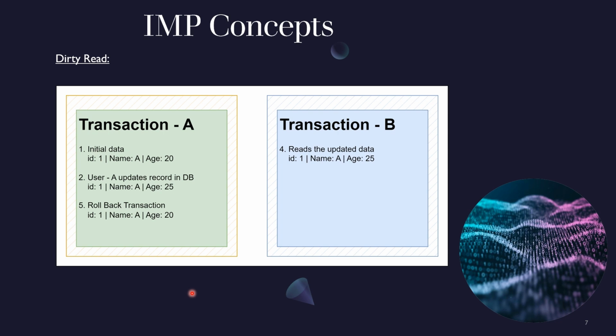After that, transaction A rolls back the transaction. It means that it will revert the operation done, that is, it will revert the age 25 to 20. In this condition, the data read by transaction B will be invalid, as the transaction is rolled back by transaction A.